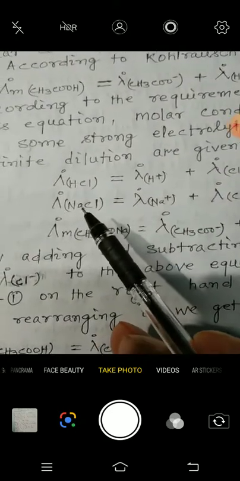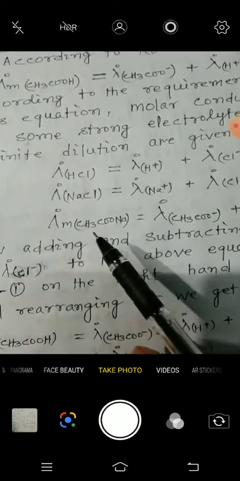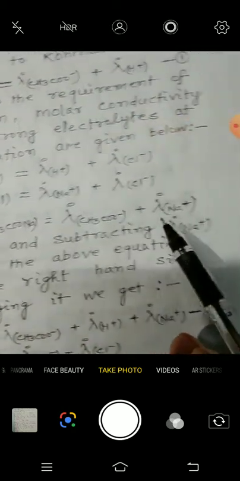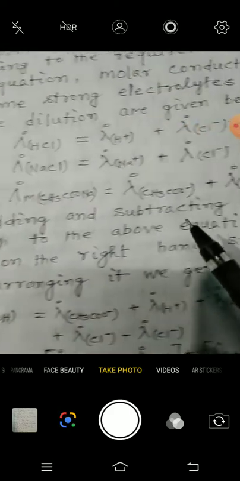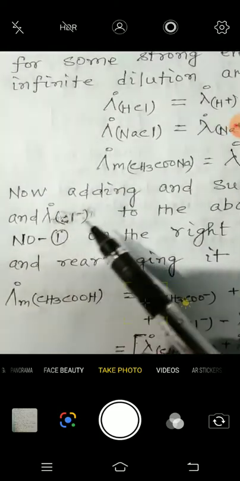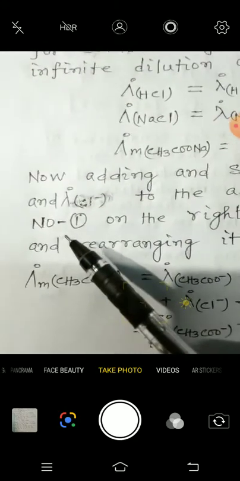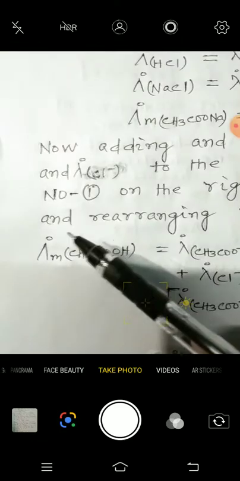This is for NaCl, this is HCl, and this is for sodium acetate. Now, adding and subtracting the limiting molar conductivity of Na plus and Cl minus to the above equation number 1 on the right hand side and rearranging it, we get such an equation.